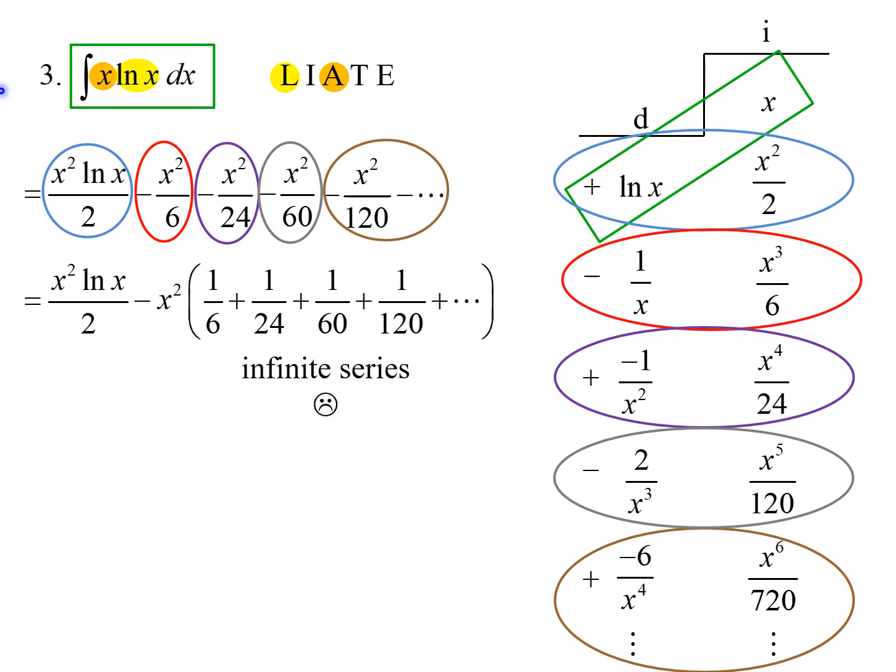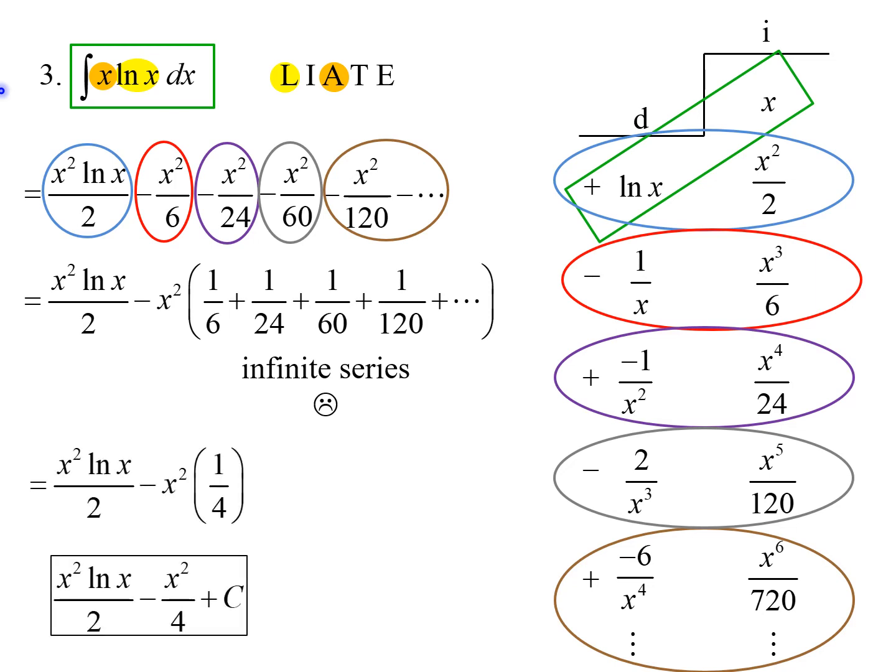So on the very last slide of this PowerPoint, I'm going to go over how you compute that. But if you were able to compute that infinite series, you would end up getting 1/4 inside those parentheses. So on the very last slide, I'll show you how I got that. And so this gives us the answer.